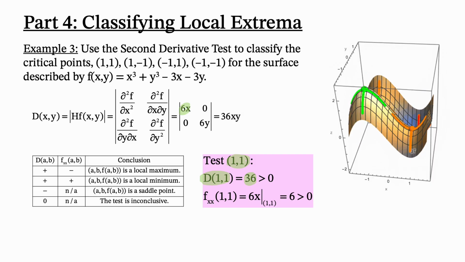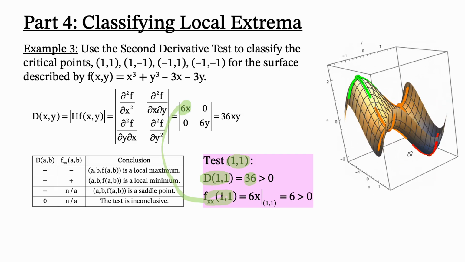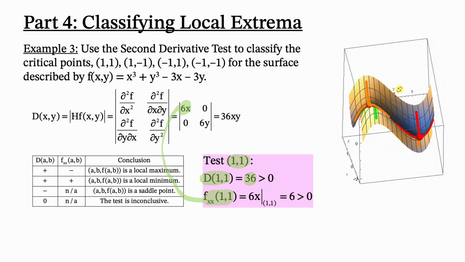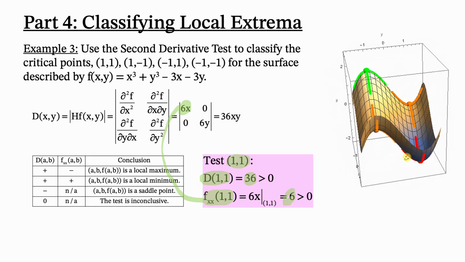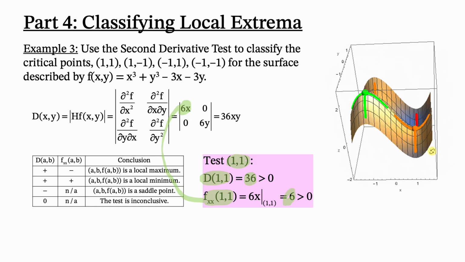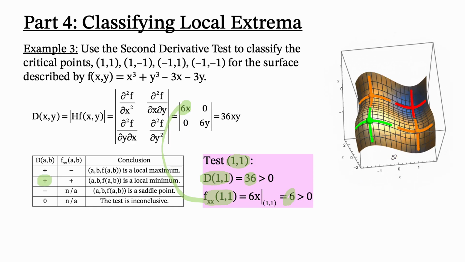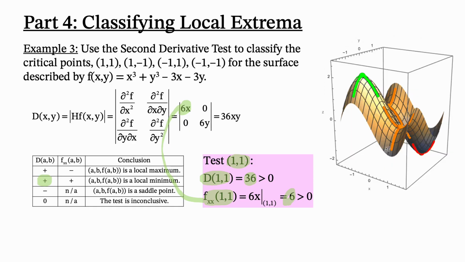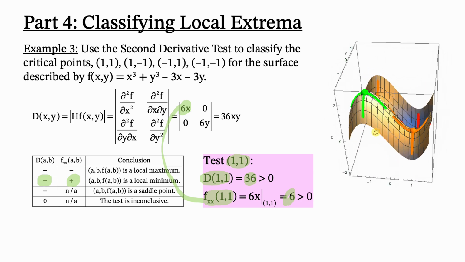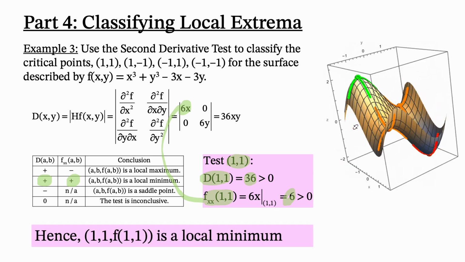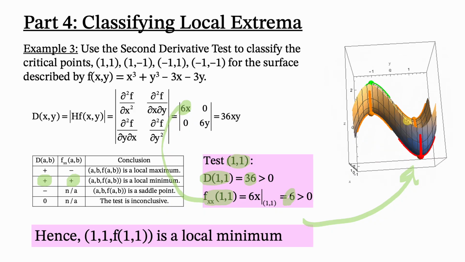Well, just take this 6x entry and test it at (1, 1), and I get positive 6. And so you could see positive Hessian determinant at (1, 1), positive second derivative with respect to x at (1, 1). I've got a local minimum, and it's that point right there.